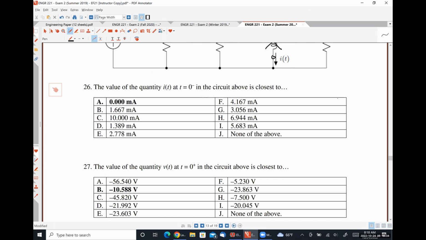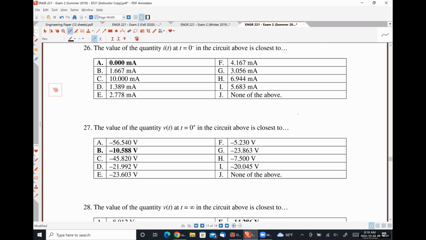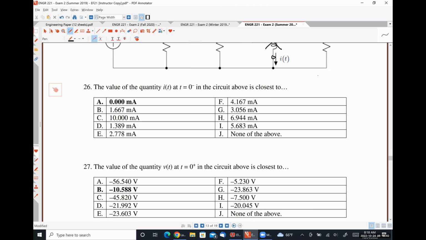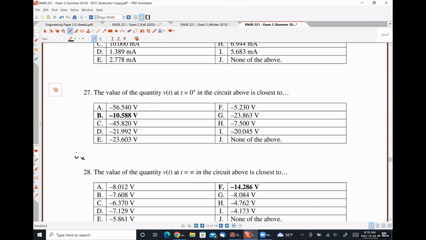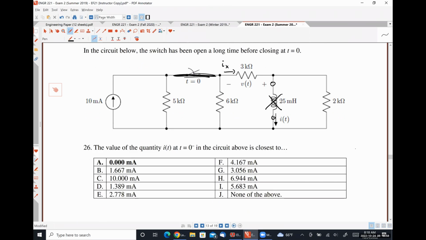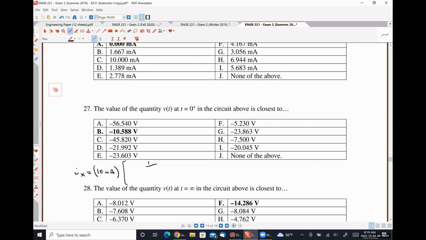And so using current division, I'm going to call this current IX real quick. IX is going to be 10 milliamps times, so I have 1/3 in series with 2 kilo ohms, so that is 1/3 plus 2, divided by 1/5 plus 1/6 plus 1/3 plus 2.